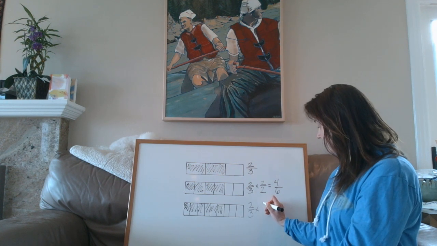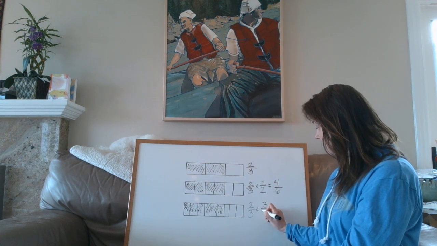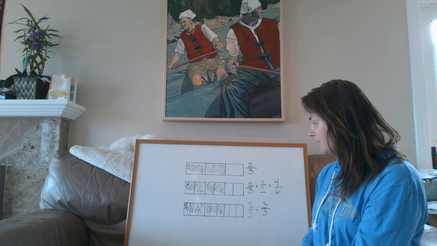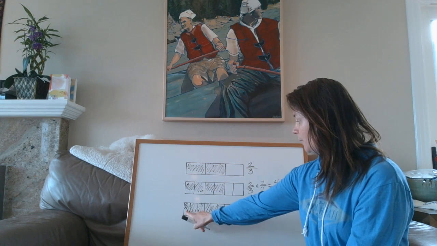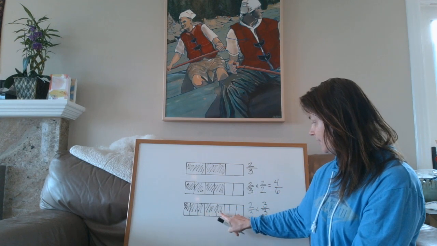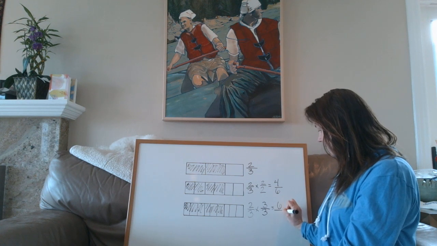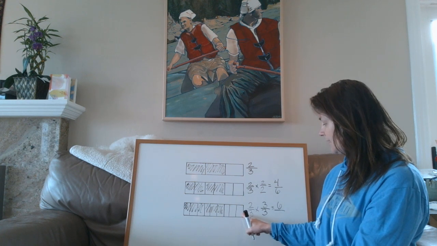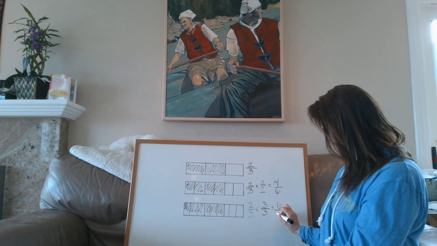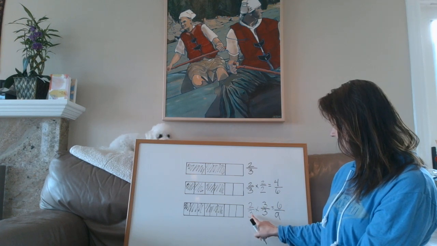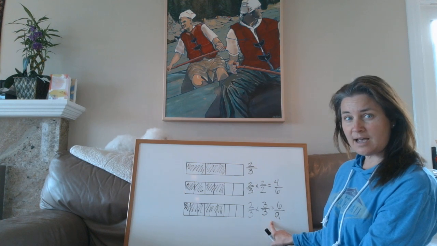So we would say times 3/3, which is equal to 1. So now we have 1, 2, 3, 4, 5, 6 parts that are shaded in out of the total parts that are 9. And that shows right here, which 2 times 3 is 6, and 3 times 3 is 9.